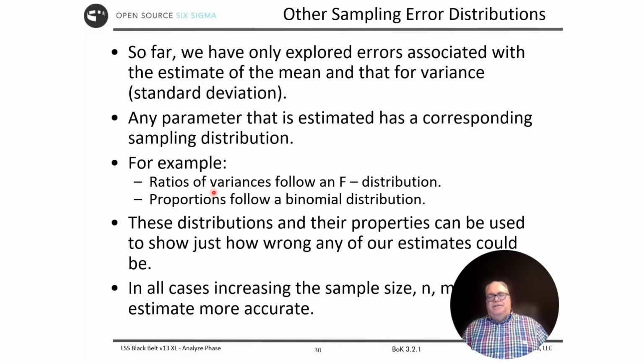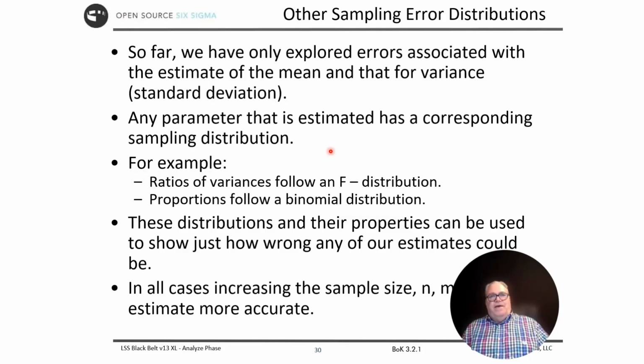We're going to look at ratios of variances. So we're going to take one variance, divide it by the other. That follows what's called an F distribution. We'll show you a picture on the next page. And then proportions, those follow a binomial distribution.